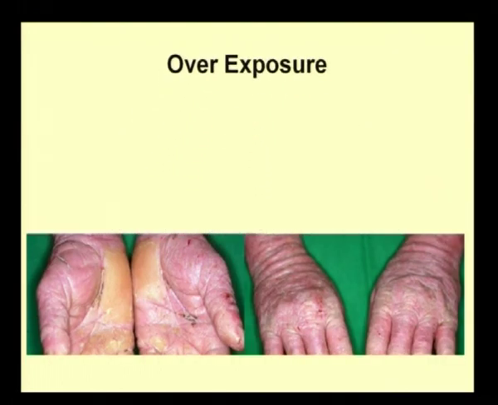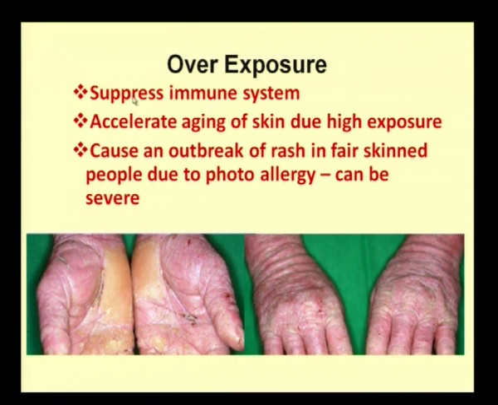And here the overexposure is suppressing the immune system, and it is accelerating the aging of skin due to high exposure. So, you look at the diagram, here the hands or the skin has become aged, that means premature aging.